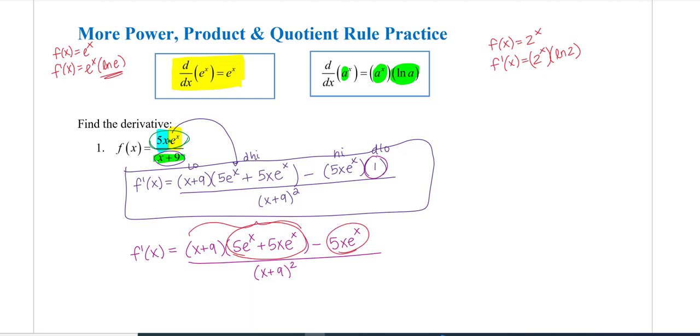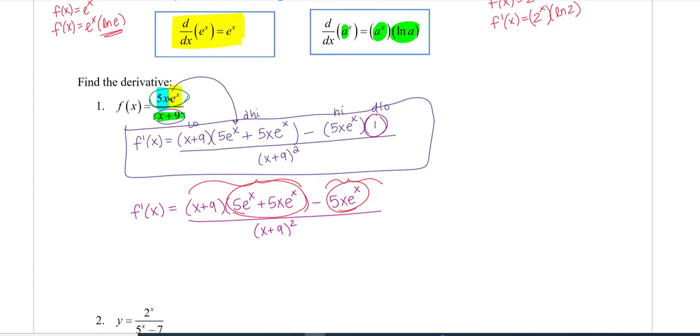And again, here's your first term, here's your second term. You have two terms in your numerator. So if you wanted to, you could factor out 5e to the x. So I have x plus 9 as a factor. 1 plus x is what's left in the parentheses, because if you factor out that 5e to the x, you get a factor of 1, and then just x in that second term, and then minus x here.